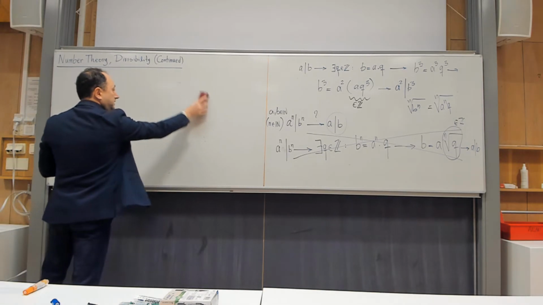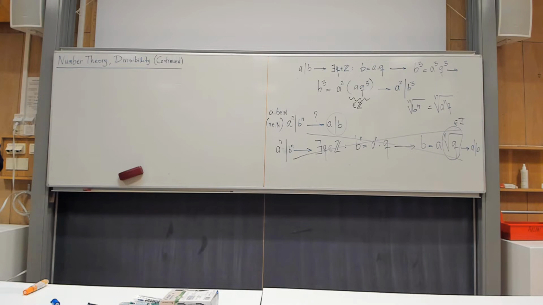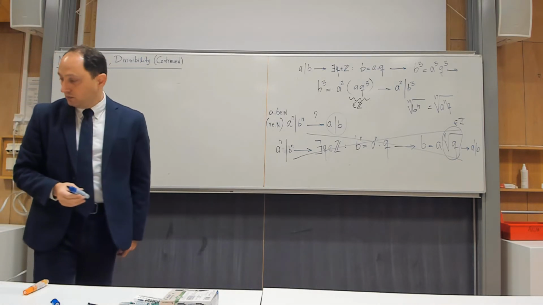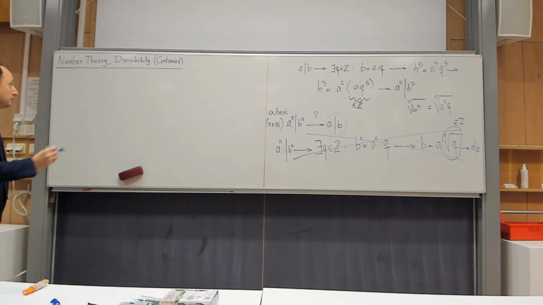So now let me try to see what we can have more interesting here. Let me give you an example and see how you deal with that. Okay, so example.